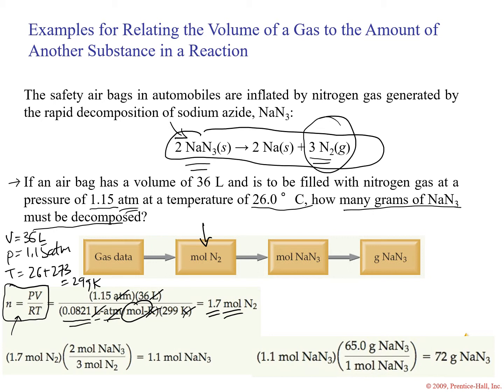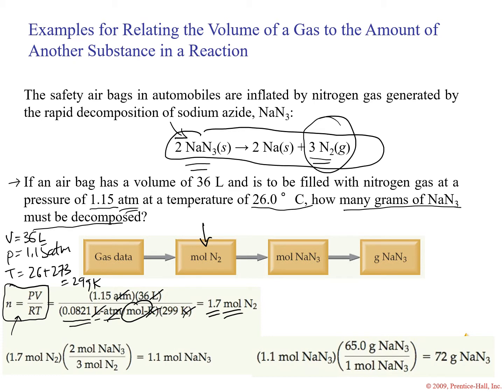And from this point, when you already applied the gas information to determine the number of moles of the nitrogen, all the next steps are just the steps which were introduced to you in chapter 4, using the stoichiometric ratio.